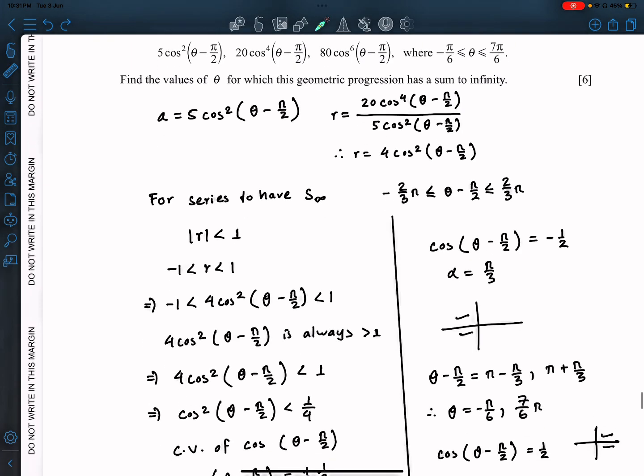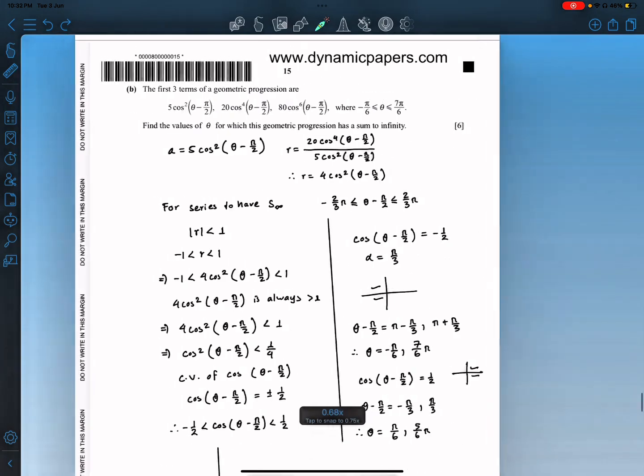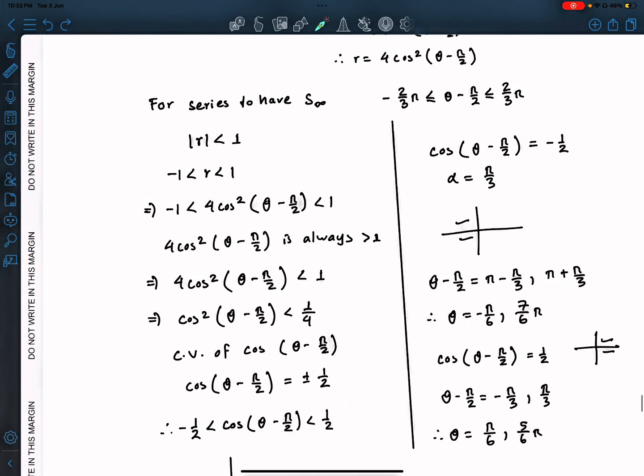And our new range over here would be minus 2 by 3 pi, so theta minus pi by 2 is greater than minus 2 by 3 pi and less than or equal to 2 by 3 pi. Okay, for the series to have a sum to infinity, the absolute value of the common ratio has to be less than 1, or the common ratio has to be greater than minus 1 and less than 1.